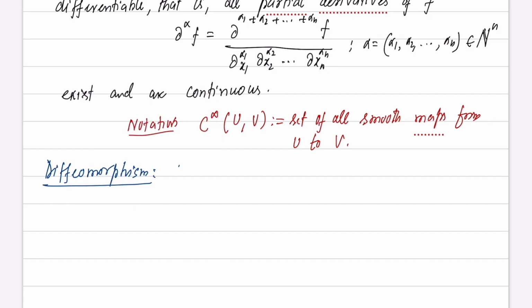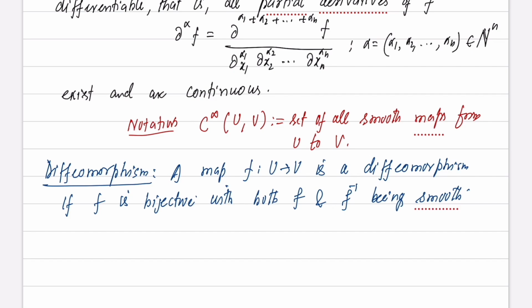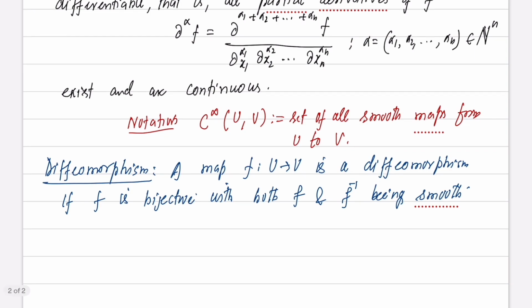We call a map f from U into V a diffeomorphism if f is bijective with both f and f inverse being smooth. So a diffeomorphism is a bijection between a subset of Rn and a subset of Rm, which is a smooth map, and its inverse is also a smooth map.